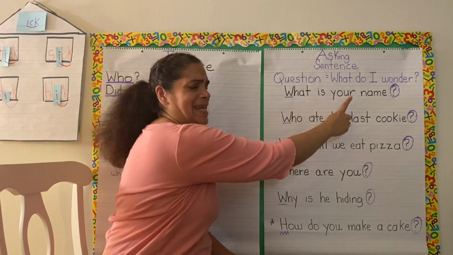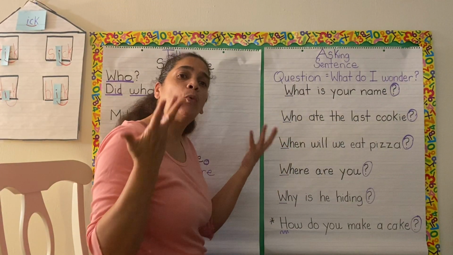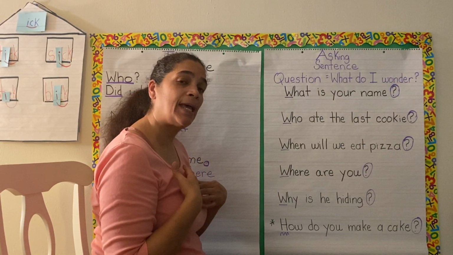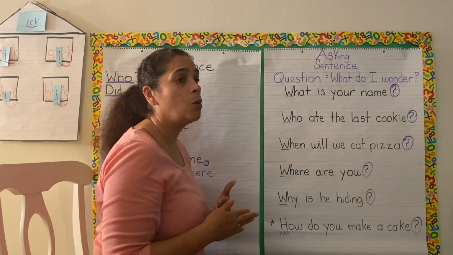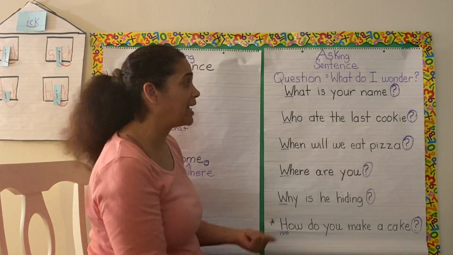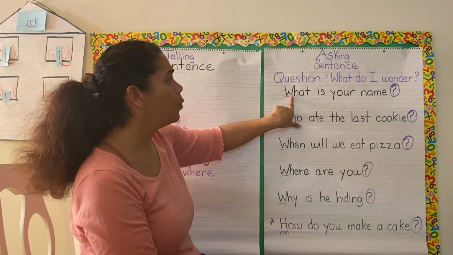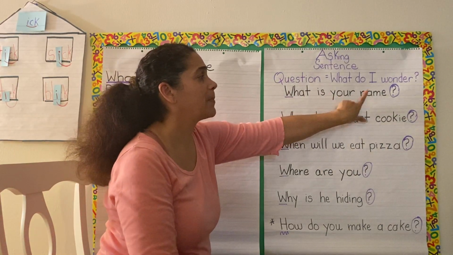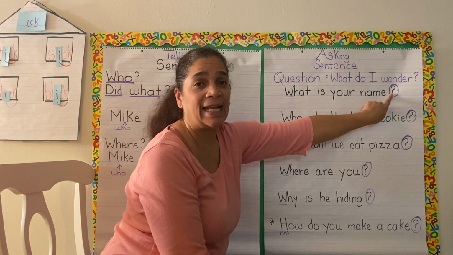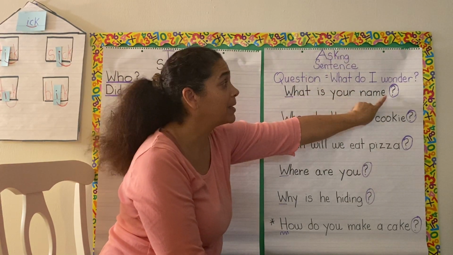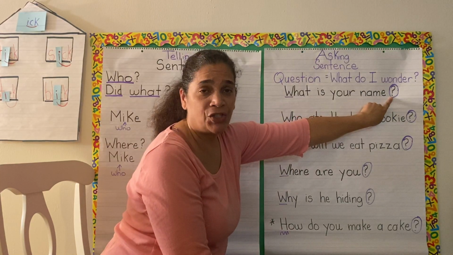What is your name? I'm wondering what someone's name is. So I'm going to ask them a question, or if I'm writing the question down, I'm going to use my question word, what. What is your name? Now you will notice that at the end of my sentence, my question sentence, the symbol has changed.